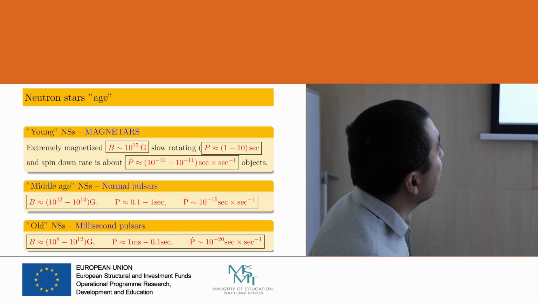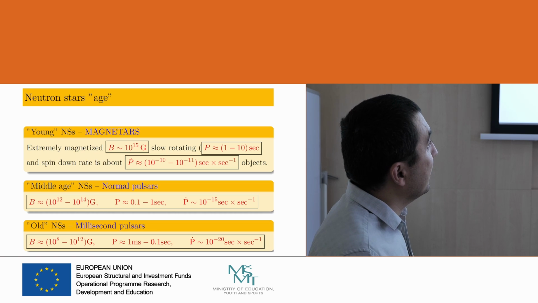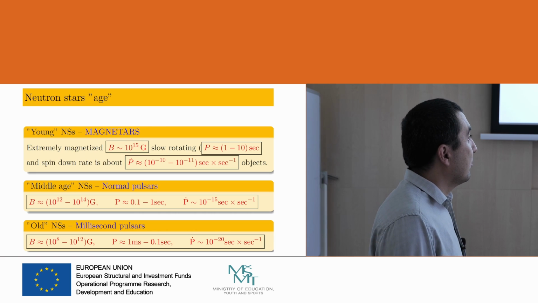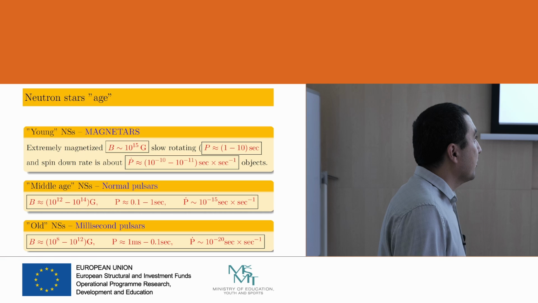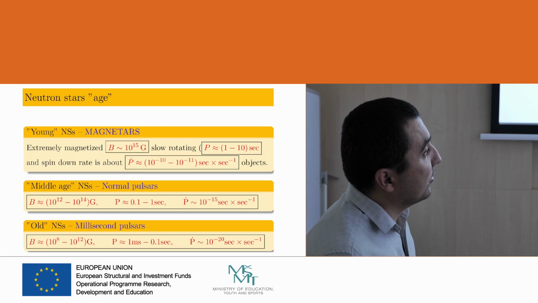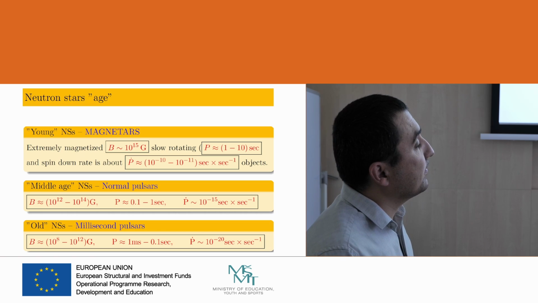And for middle-age neutron stars, known as normal pulsars or radio pulsars, the magnetic field is about 10^12 to 10^14 Gauss, and the period of pulses is about 0.1 up to 1 second. And the period derivative is 10^-15.